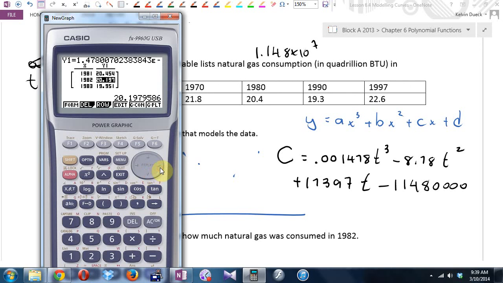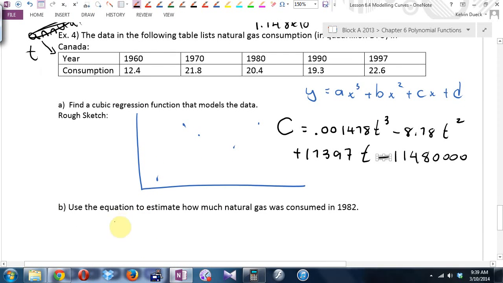In 1992, approximately, by the way, it's 20.2 quadrillion BTUs, because that's what I told you was the actual units on there. So C equals 20.2 quadrillion. And I just got the quadrillion BTU by looking at the question, figuring out the units.